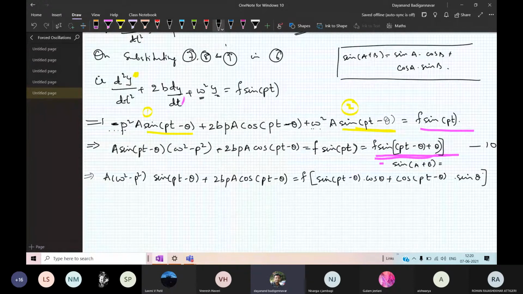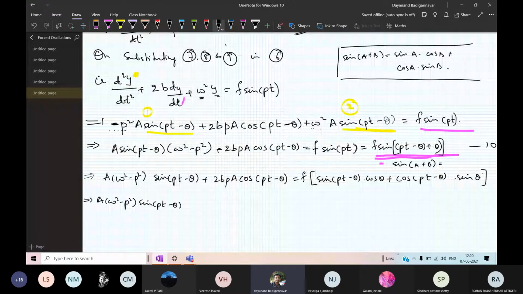Now here you take F inside. Again, one more step for you. So this is a into omega square minus p square into sine of PT minus theta plus 2b pa into cos of PT minus theta, that is equal to F. I will take it inside the bracket.